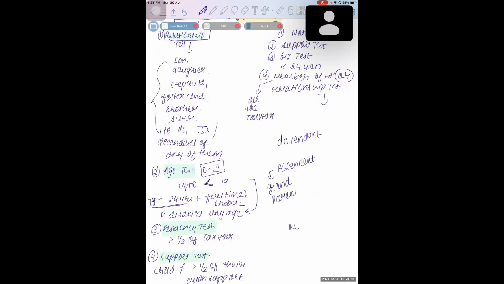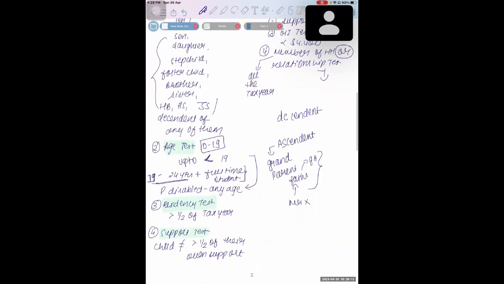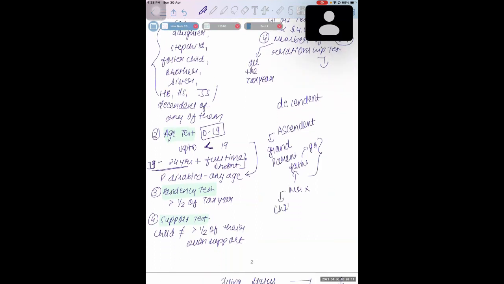Let's say Mr. X. So his father, his grandfather, they are all his ascendants. But Mr. X's child and grandson, they are all his descendants.